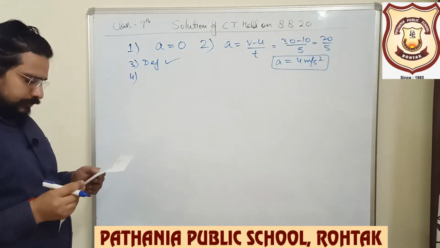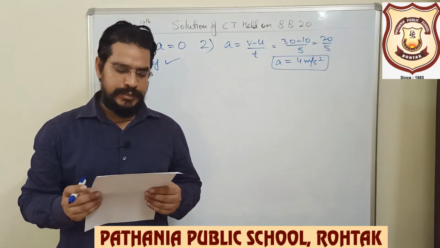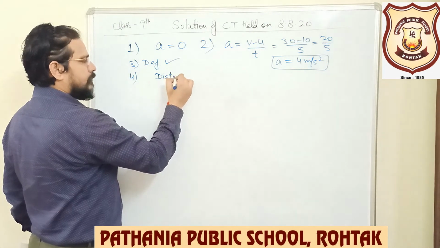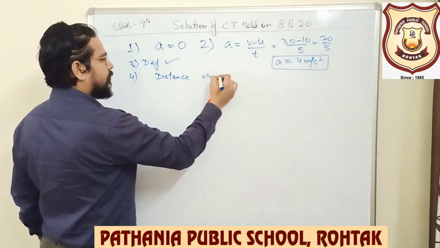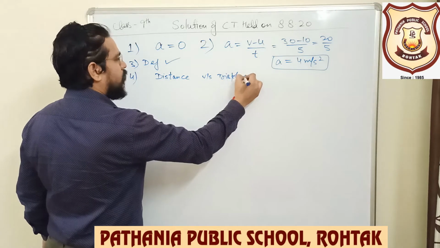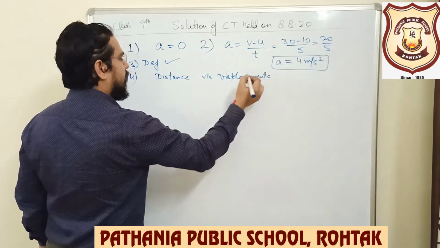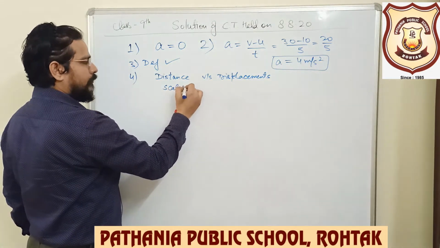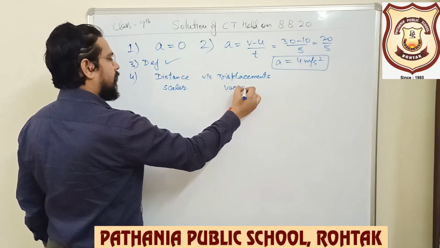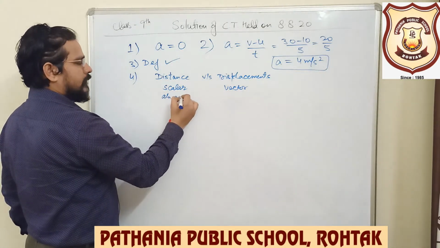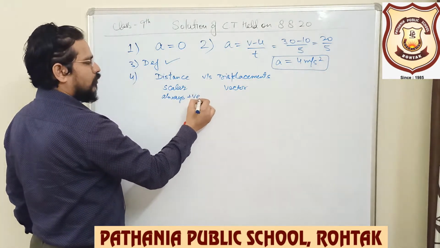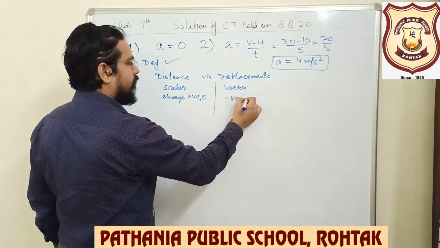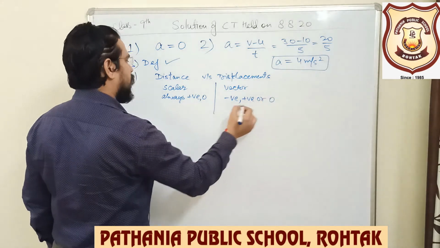Number 4. Write two differences between distance and displacement. So there are many differences between distance and displacement, and you were asked to write only two. They can be any two out of these. Distance is scalar while displacement is vector. Distance is always 0 or positive, while displacement can be negative, positive or 0.